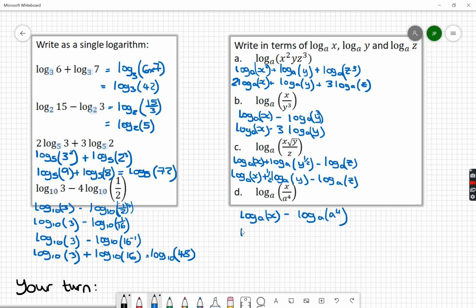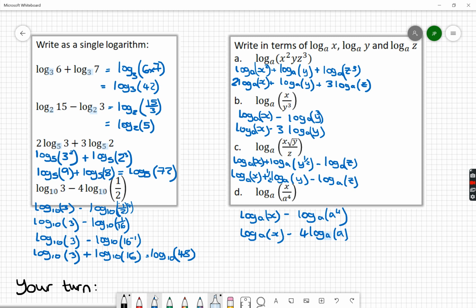I can take the power of 4 out, so I'll have log base a of x minus 4 log base a of a. Now, one of these special cases we had was where if I'm logging the same thing as I've got a base of, that gave me 1.